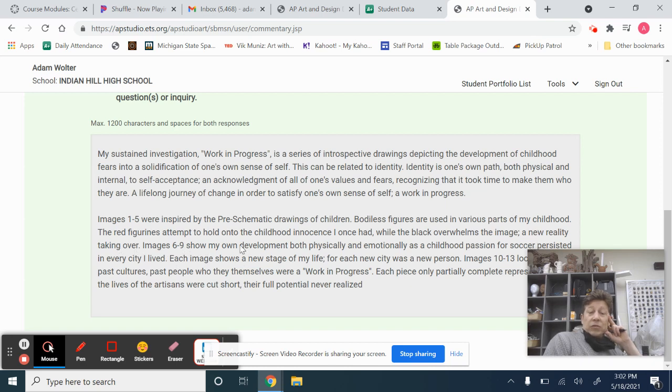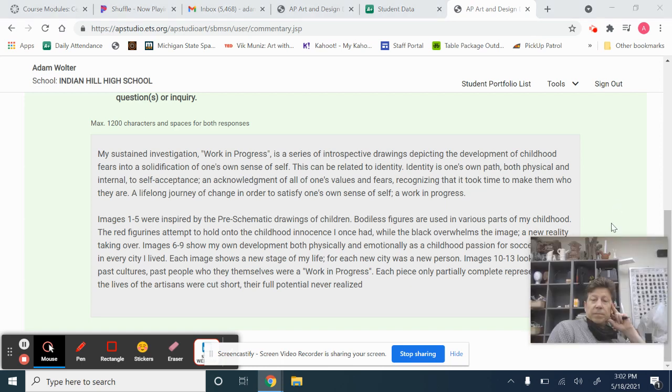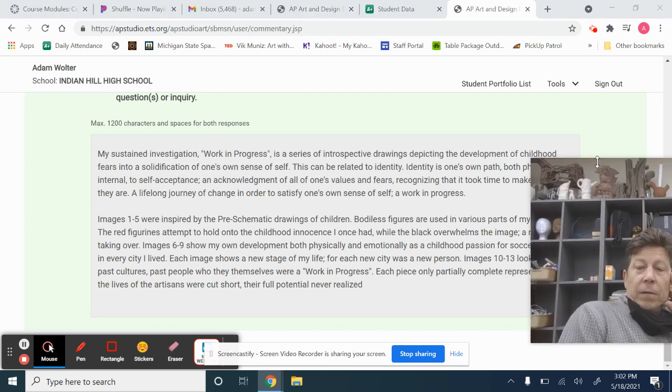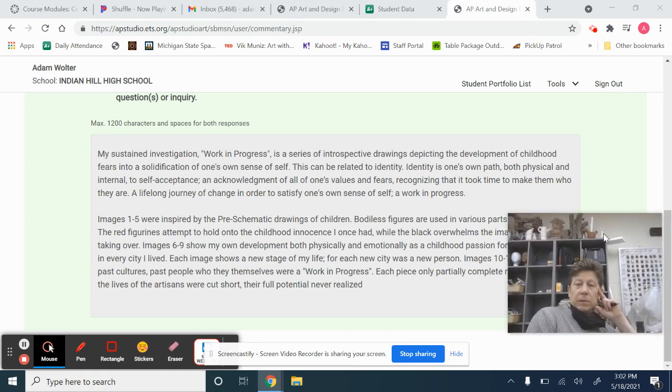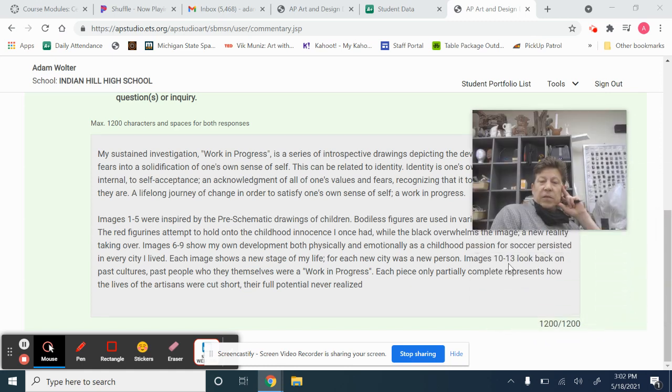Images 6 through 9 show my development both physically and emotionally as a childhood passion for soccer persisted in every city I lived. Each image shows a new stage of my life and a map of a new city. Images 10 through 13 look at past cultures, past people who themselves were a work in progress.